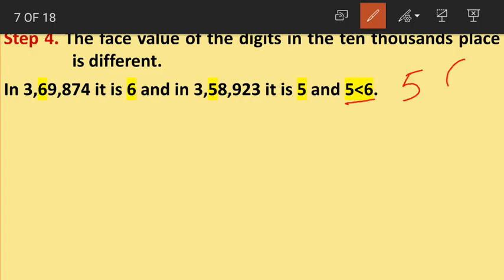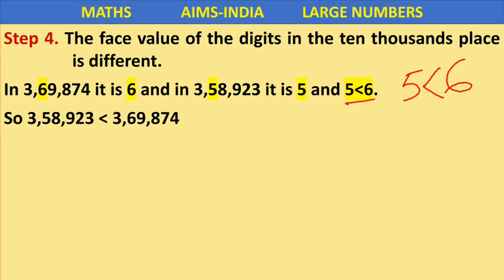See, 5 and 6. 6 is the bigger number, so the mouth is open towards 6. 5 is less than 6. So what will the answer be? Which number has 5 in the 10,000s place? This number. So this whole number becomes less than 3,69,874. How did we find out this? We found out this by comparing 5 and 6, which are in the 10,000s place.